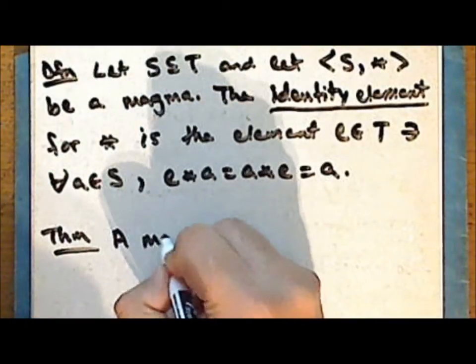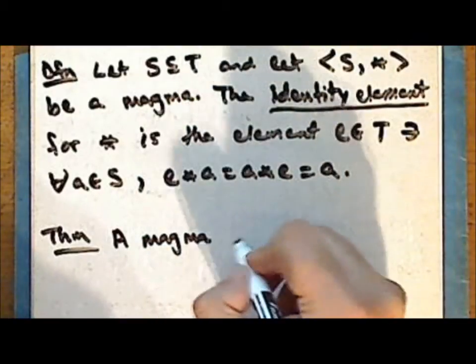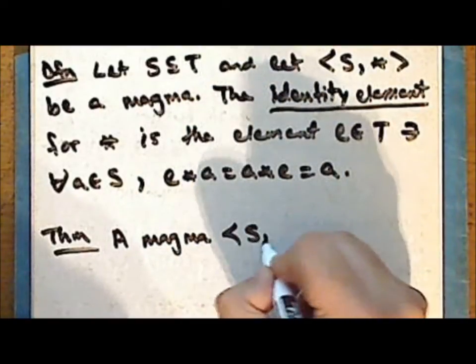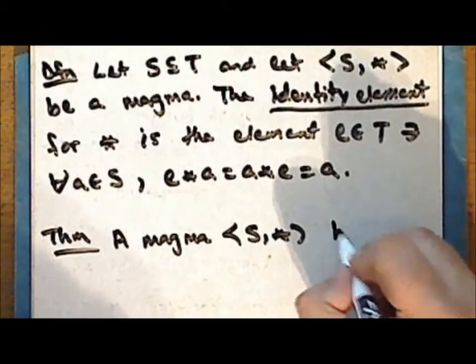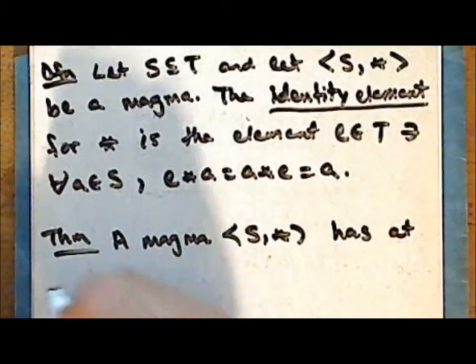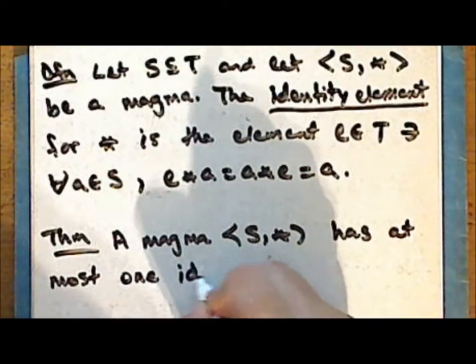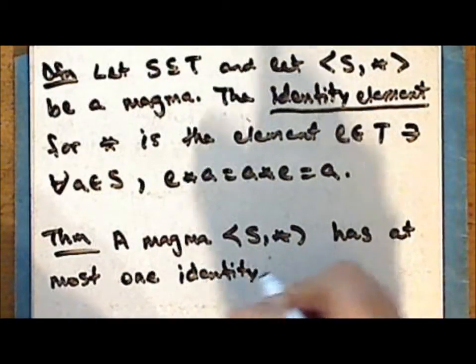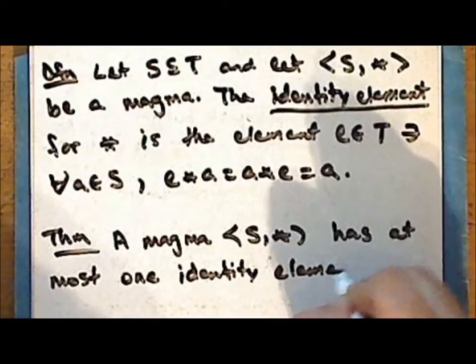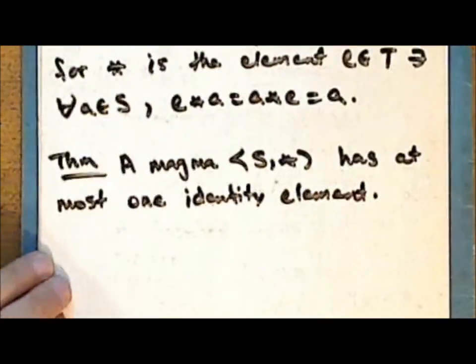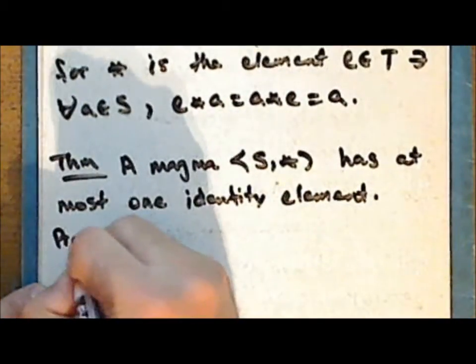A magma S star has at most one identity element. So proof.